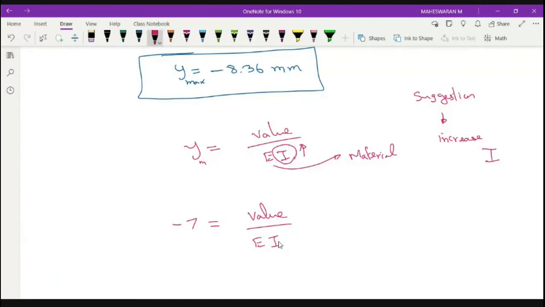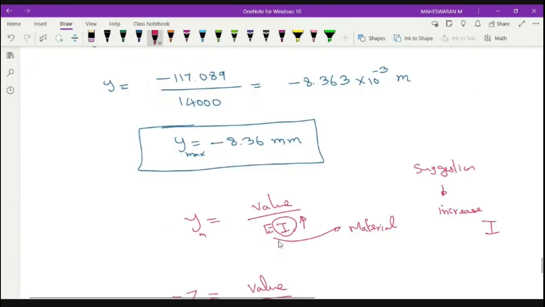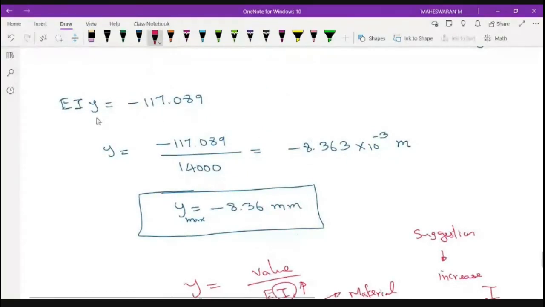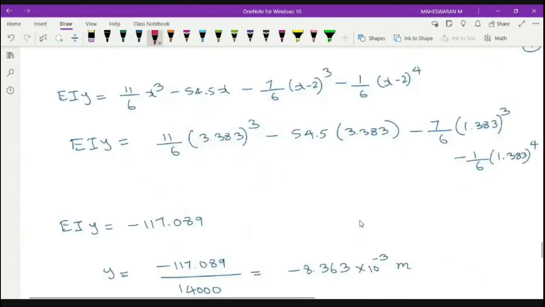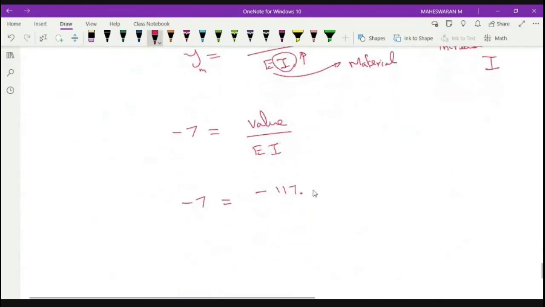So what I am going to do is identify what will be my EI value with respect to this. So we know that my value here, what we got is minus 117.089. Let me substitute it here. So what I'll get, minus 7. This is the max limit. This should be minus 117.089 divided by EI.